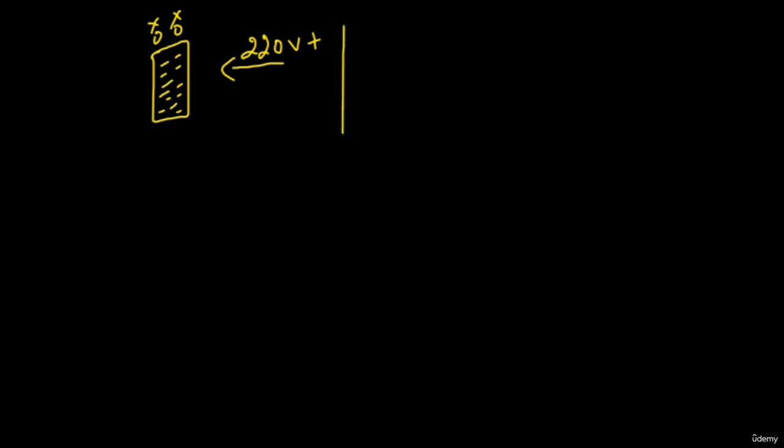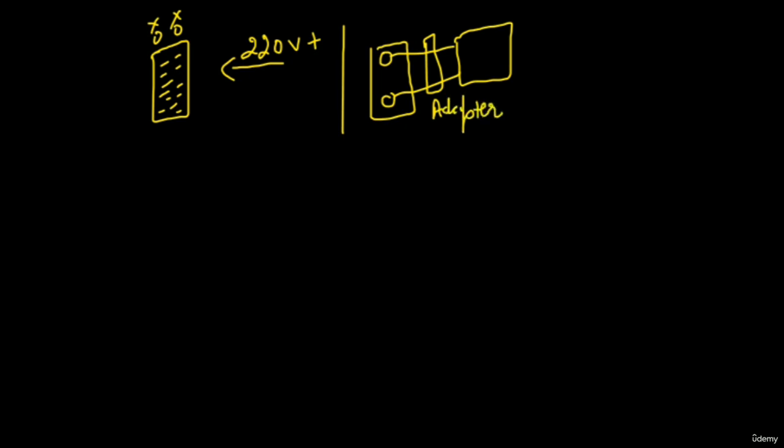This is the reason we don't just connect two wires to our device and plug it into the main socket. We always use a charger or adapter as an intermediate, because that will decrease or increase the voltage as per the requirement of our device, and our device will get a safe amount and be happy getting charged up.